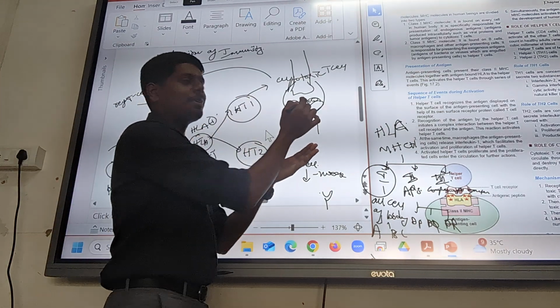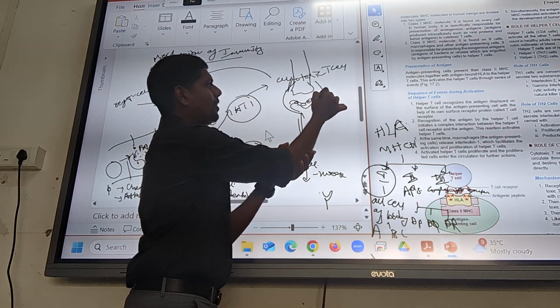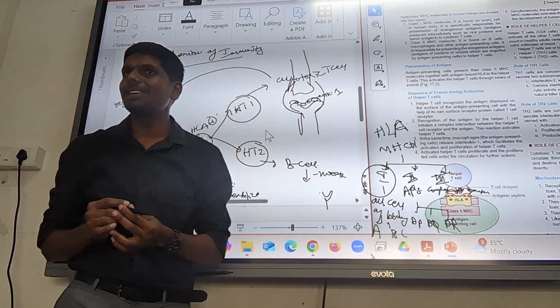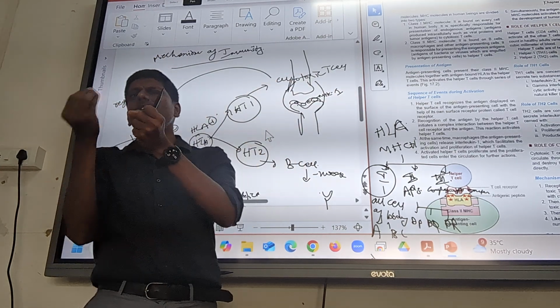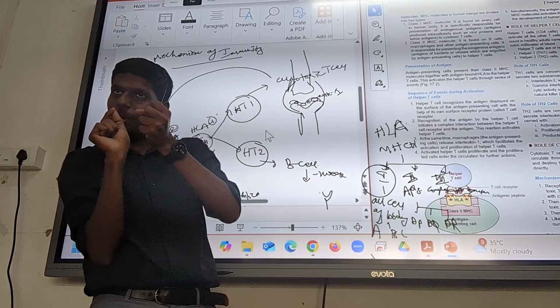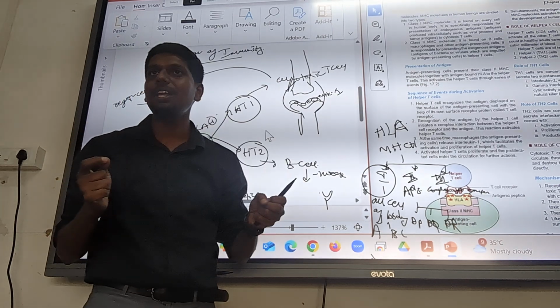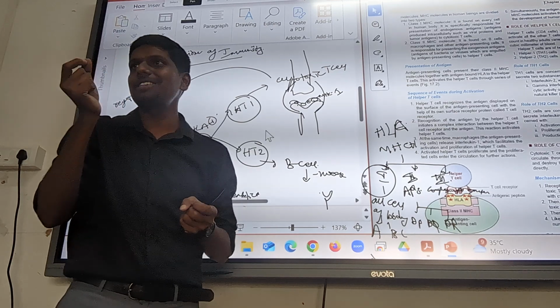Due to DNA damage, some of their MHC1 won't be expressed properly. The cell was damaged, their nucleus was damaged, so they can't prepare the self-identifying MHC1 protein. Now they lost their MHC1 protein.